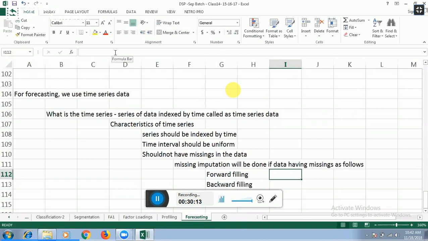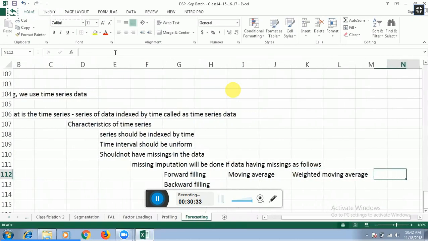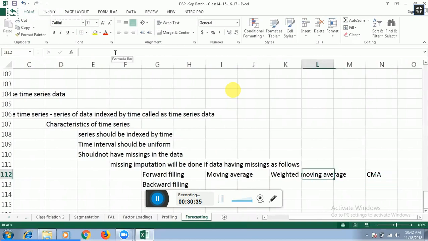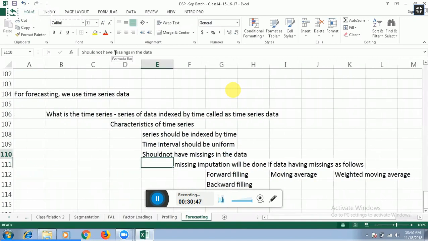Here is where the moving average concept comes in. We will discuss what a moving average is later. Very typically we use a moving average, or a weighted moving average, to fill the missings. There are many different ways, and sometimes we use a centered moving average. So typically the missing imputation is done with the help of averages, but not a normal average. This is a moving average. That is the first and important one.